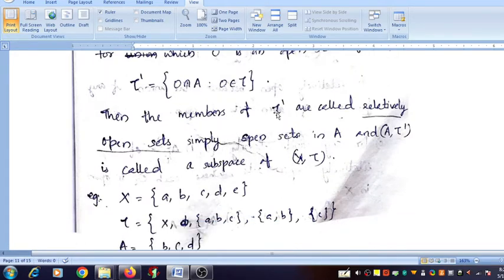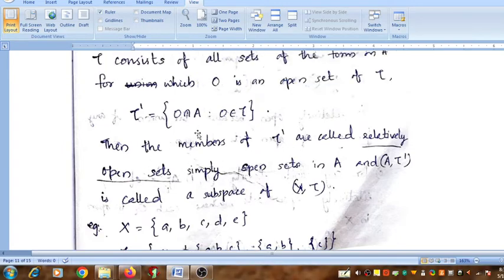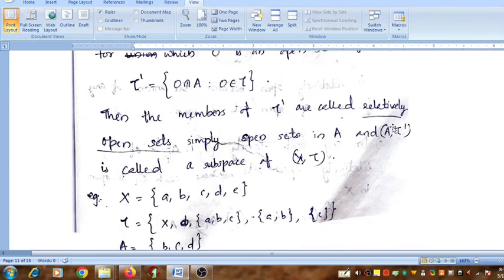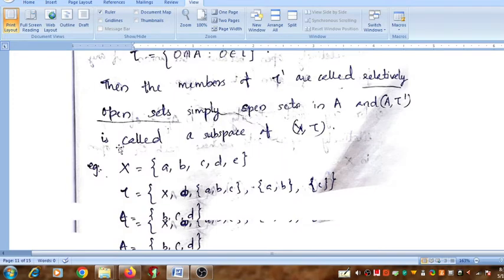The members of tau prime are called the relatively open sets. They are open sets of the form O intersection A, and they act as open sets in the subset A. The common name of the members of tau prime is relatively open sets, though sometimes we simply call them open sets for convenience.